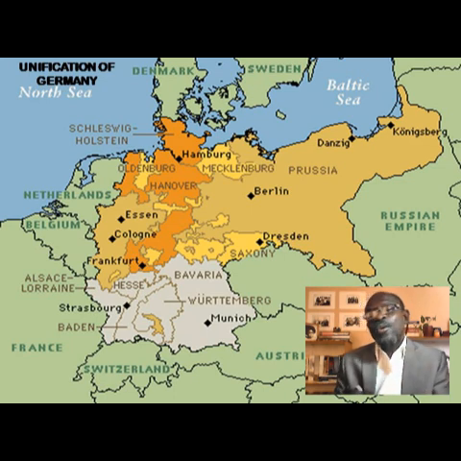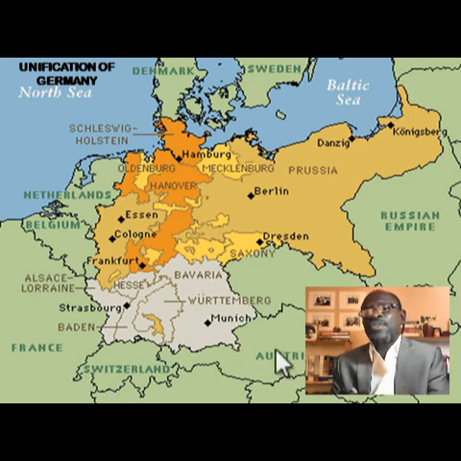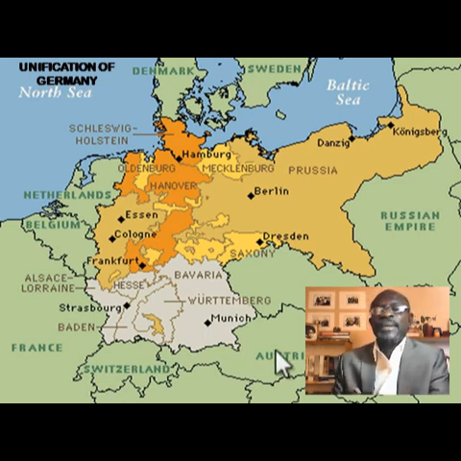Number three was the fact that in order for Germany to be unified, there has to be a leader within the Germanic city-states that wanted the unification of Germany. Now, this was not the case because at this point in time, Austria was the most powerful among the Germanic city-states, and Austria was not necessarily looking forward towards the unification of Germany.